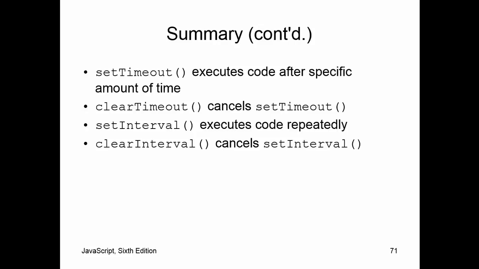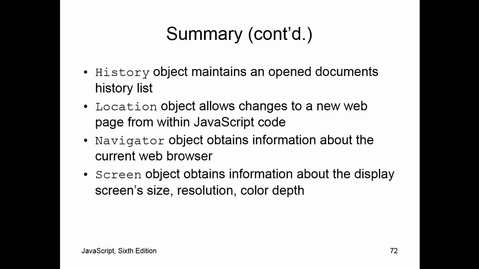which are a one-time timer, and how they can be cleared if they haven't gone off yet and you don't want them anymore. We also talked about intervals, which will repeat something at a set interval, and again, how you can cancel that if you want to. From there, we talked about the history object, a fairly small object that maintains an internal history list of open documents.